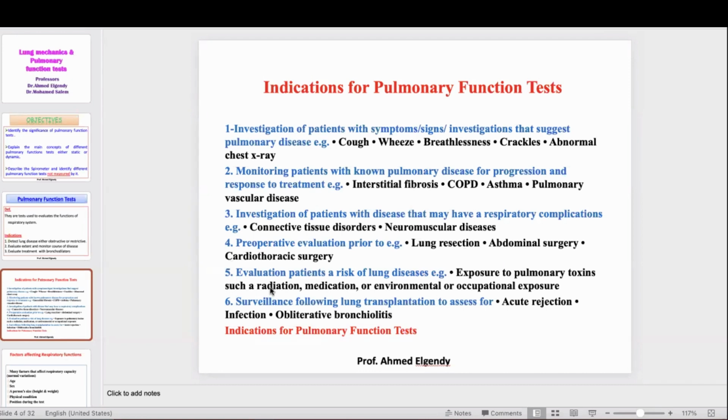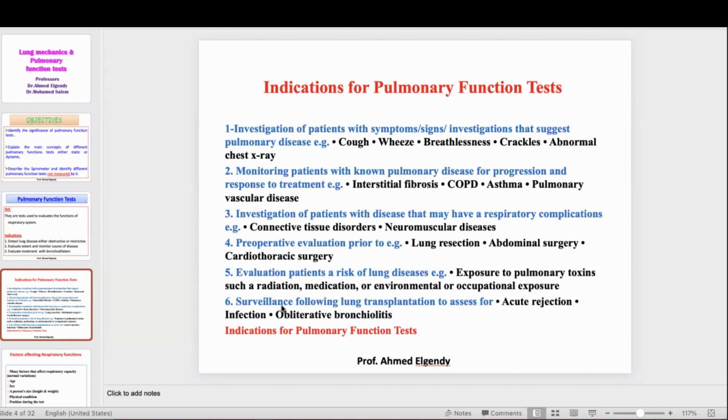Number five, evaluation of the patient at risk of lung disease, for example, exposure to pulmonary toxins such as radiation, many medications, environmental or occupational exposure.